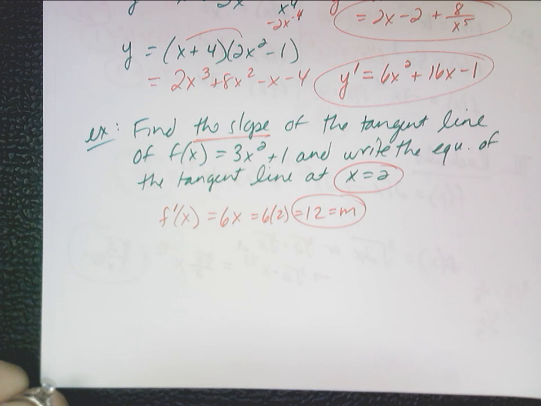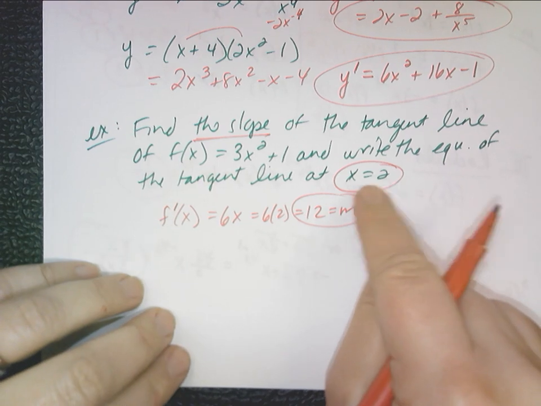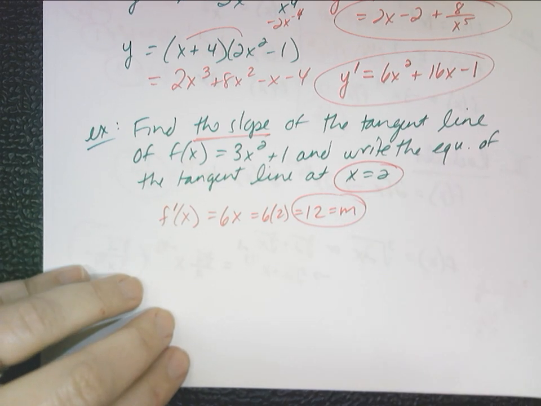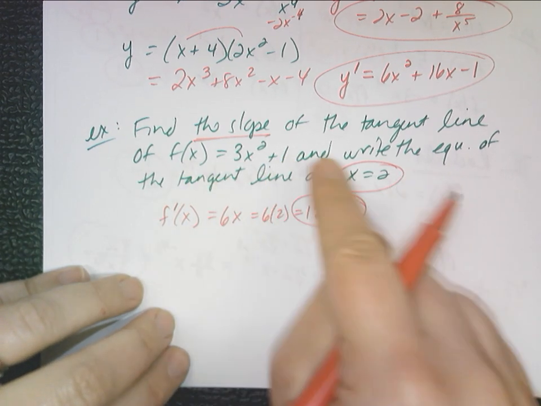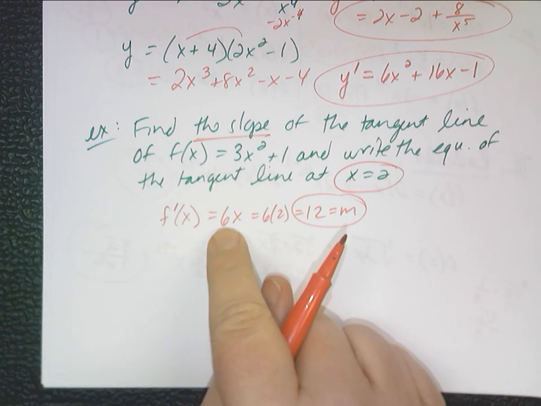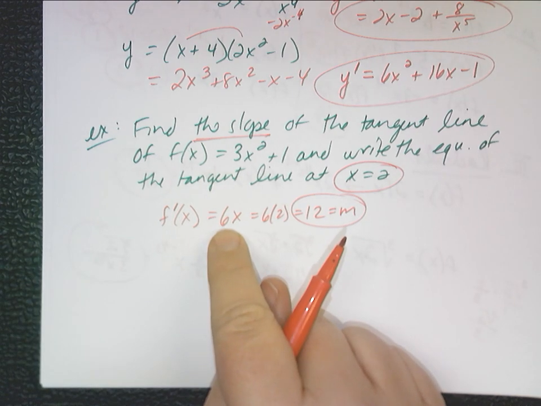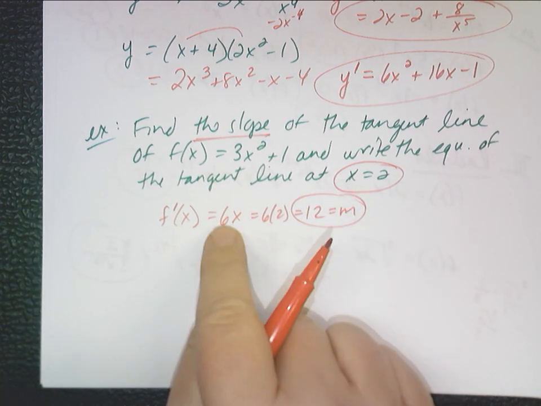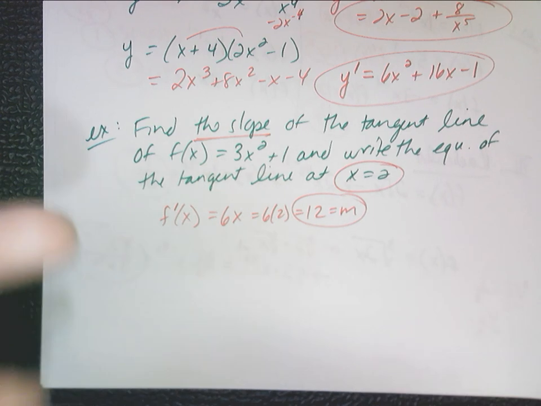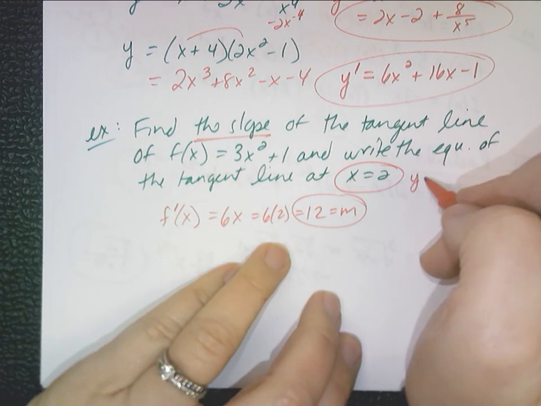You are now going to pick a point and write the line of the tangent. Well, unfortunately, they only give us 2. So how do I find a y? Put it back in the original. Don't put it back in here. I put it in here. You're going to get 12 again. I'm just like, why are you doing that? Put it in the original.